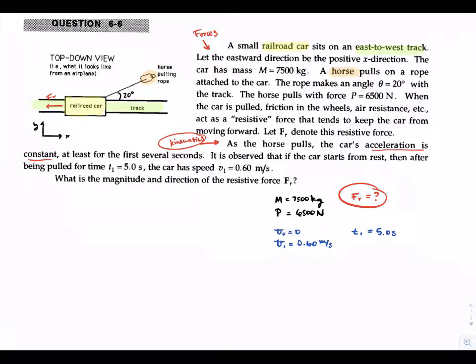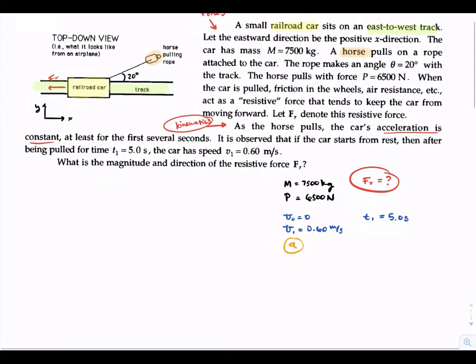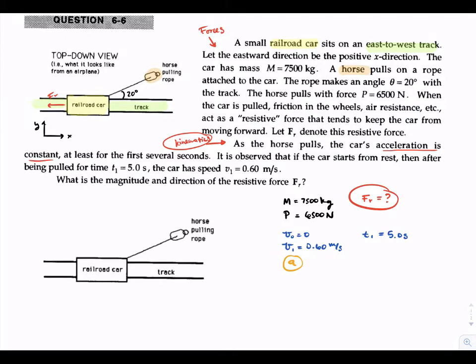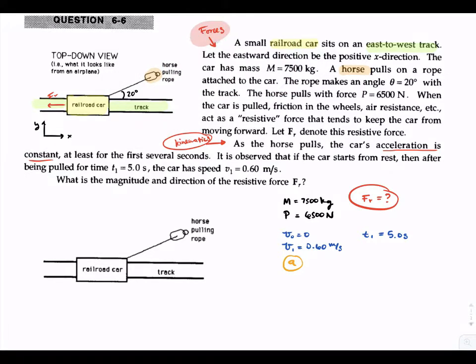So you can assume from that we're going to need to find acceleration, because we knew that was constant acceleration. That's the information we know, but let's start drawing a nice force diagram, because the first part of this problem, as you can see up here, is going to be forces. So this whole section is a force problem, and we're looking for a force at the end. Okay, so here's our force problem.